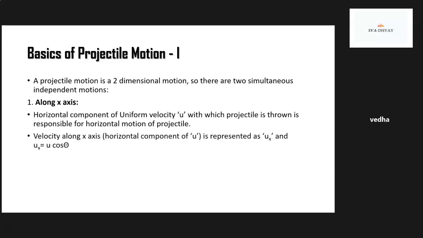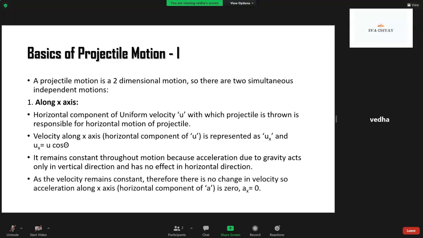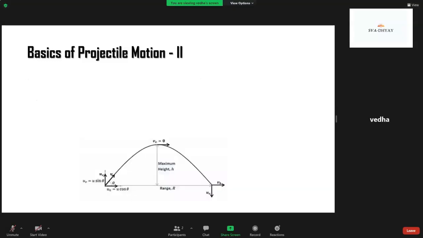Velocity along x-axis, horizontal component of u is represented as ux and ux is equal to u cos theta. It remains constant throughout motion because acceleration due to gravity acts only in vertical direction and has no effect in horizontal direction. As the velocity remains constant, therefore there is no change in velocity, so acceleration along x-axis, horizontal component of a, is 0, ax is equal to 0.